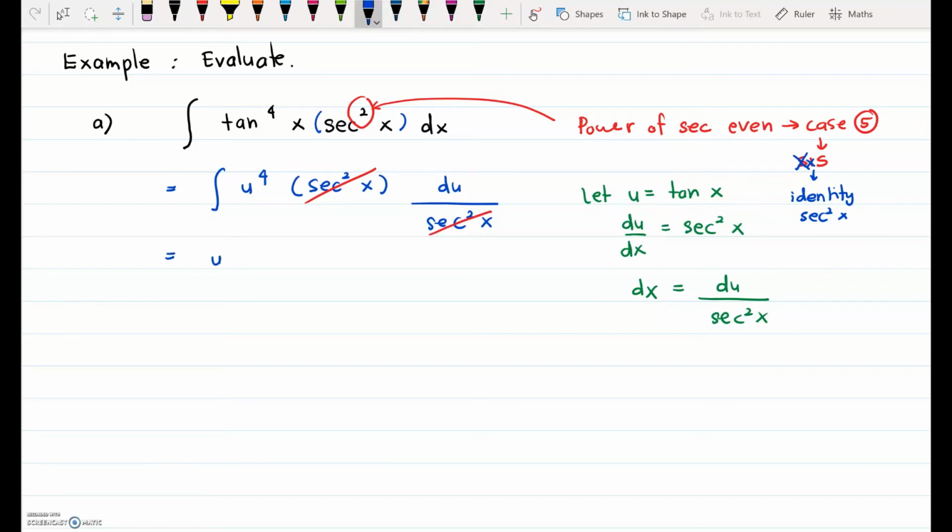You will get u to the power of 5 over 5 plus c, and when you replace u, you get tangent to the power of 5 x divided by 5 plus c. So this is the first example.